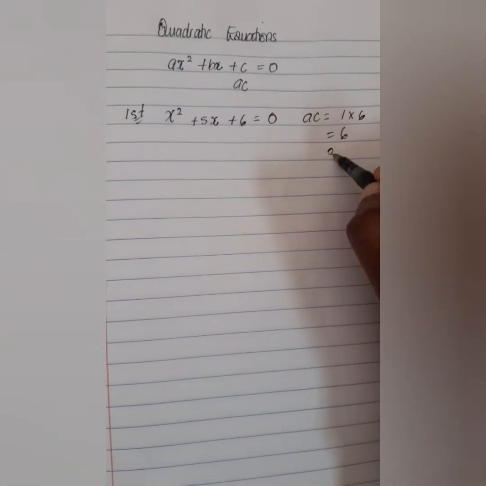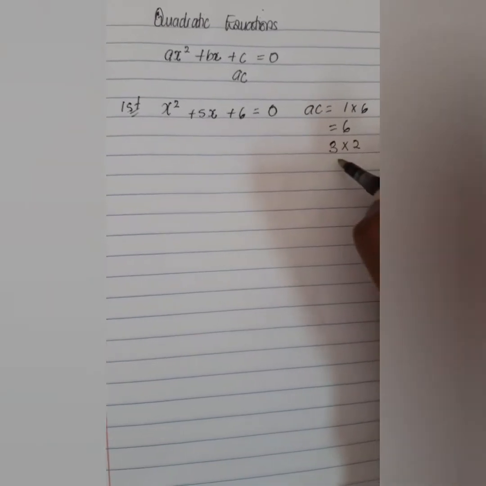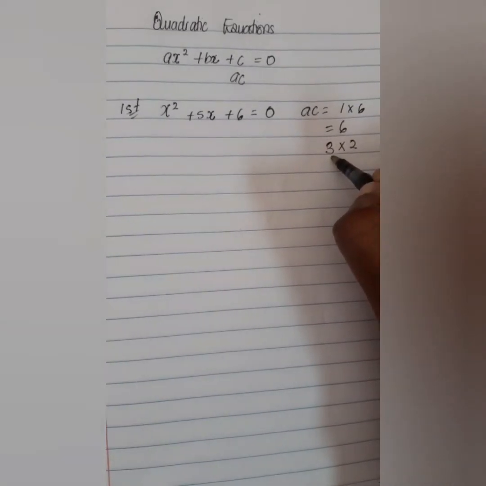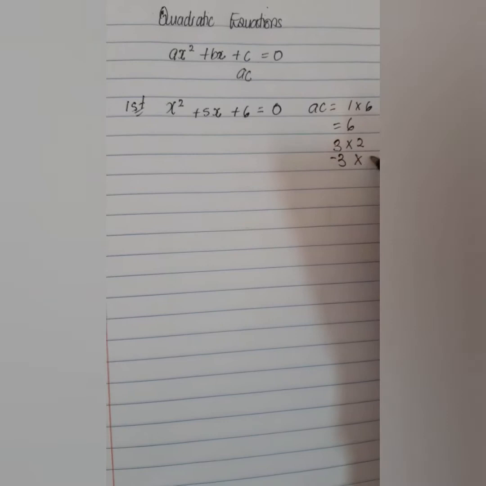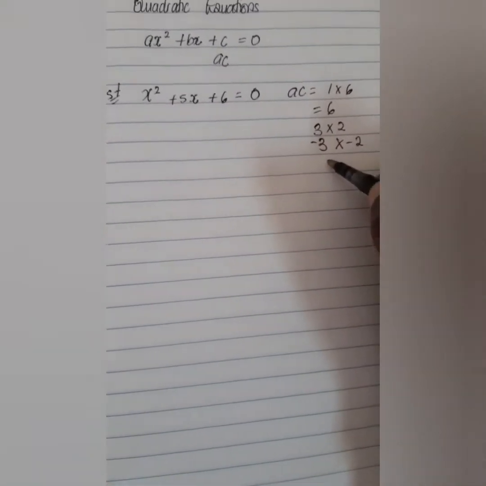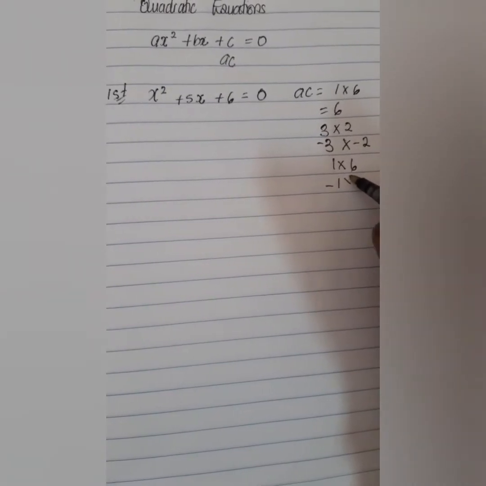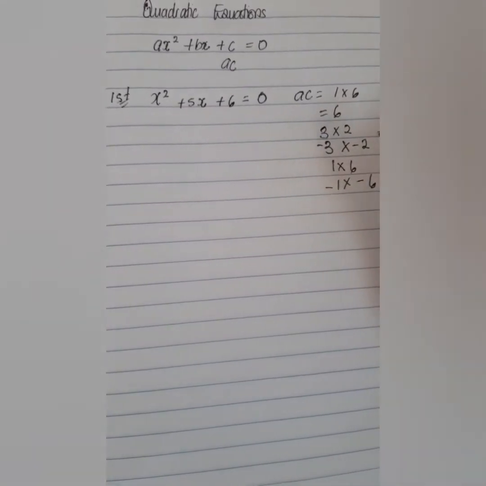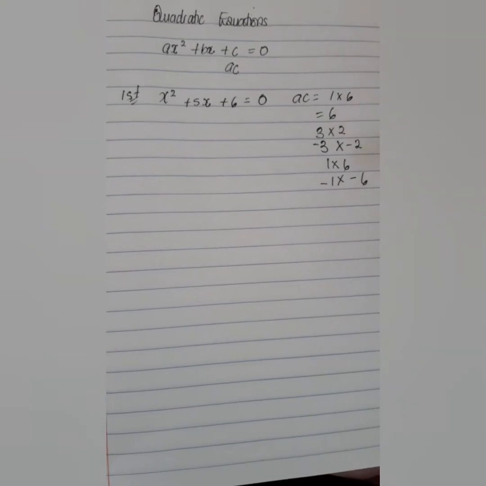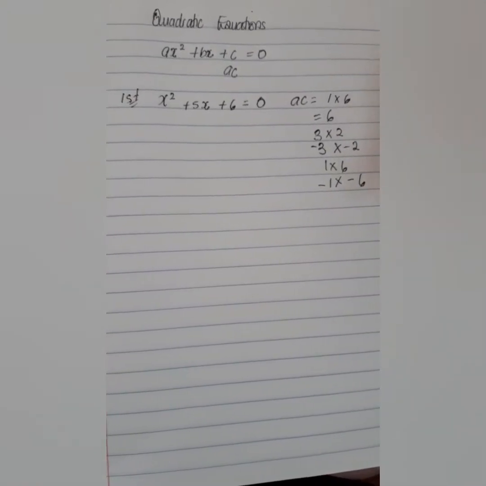So we have 3 times 2, minus 3 times minus 2, 1 times 6, minus 1 times minus 6. So all these factors will multiply to 6, right?